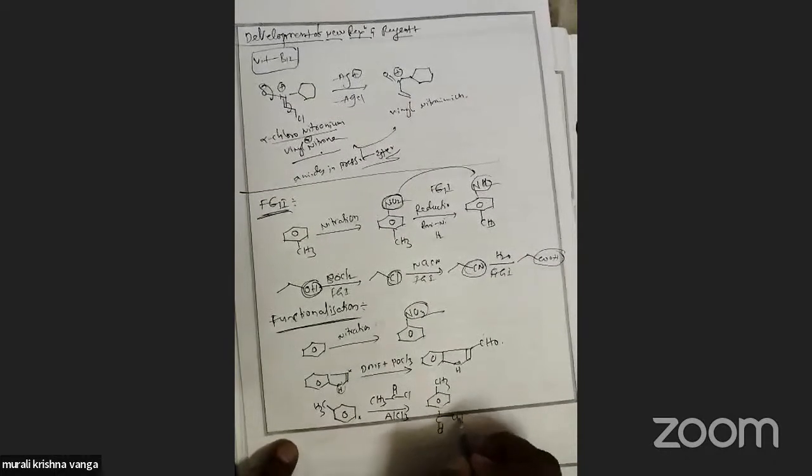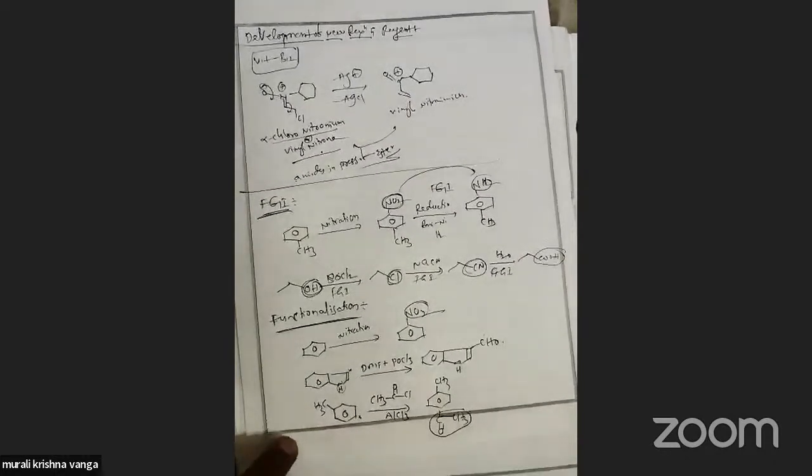If I take toluene and it undergoes acylation with acyl chloride and AlCl3, the para position is the major one. So CH3C=O CH3 acylation takes place on toluene.